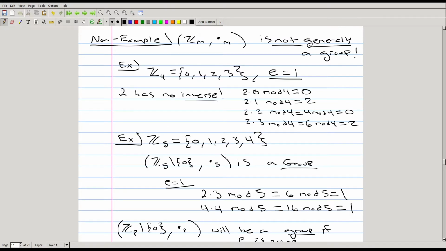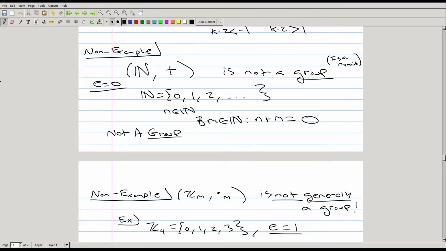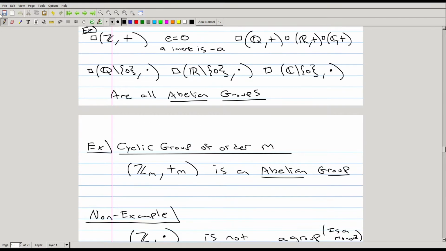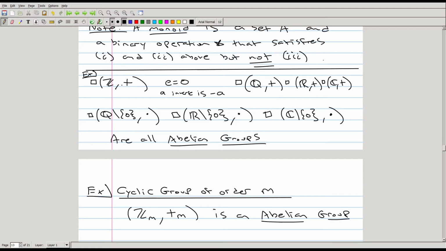And even if you, say, remove 0 from Z4, this is still not a group, as this example right here that I showed. So it's really important to understand that sometimes in order to make a group, and very often for multiplication, you have to remove the 0 element.